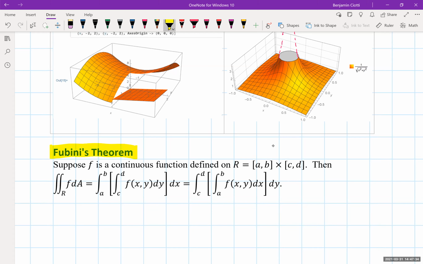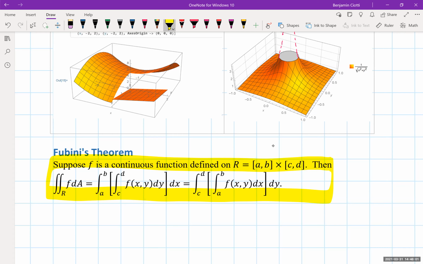In this case, I make no such requirement. So this is just a slightly different version of the earlier theorem, but it's essentially the same.